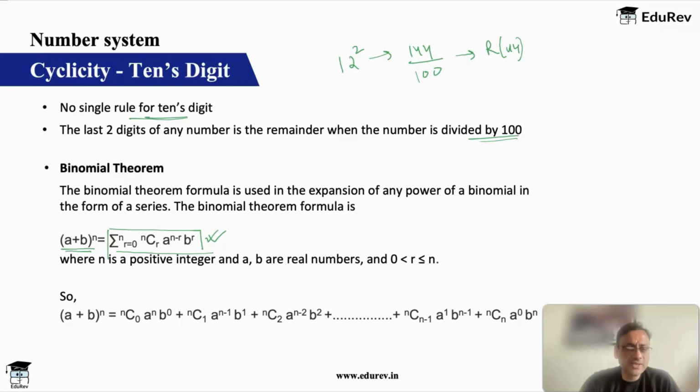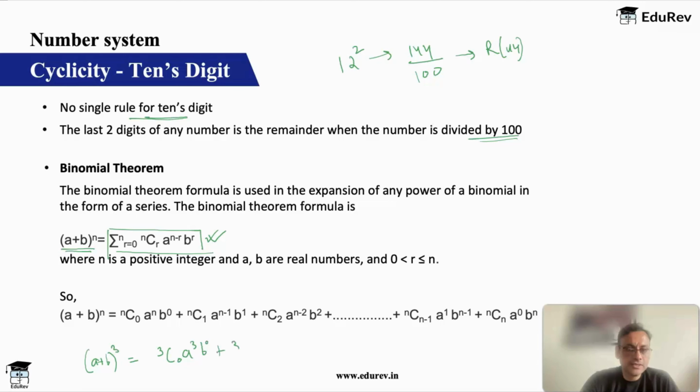So for example, if you have (a plus b) cube, okay, so then n is equal to 3 here. So your first value will be nCr, 3C0. r starts from 0. So 3C0 a to the power n minus r, so a cube, and b to the power 0.